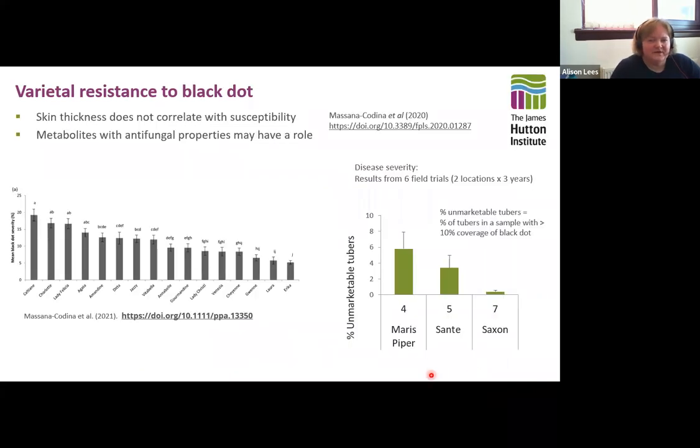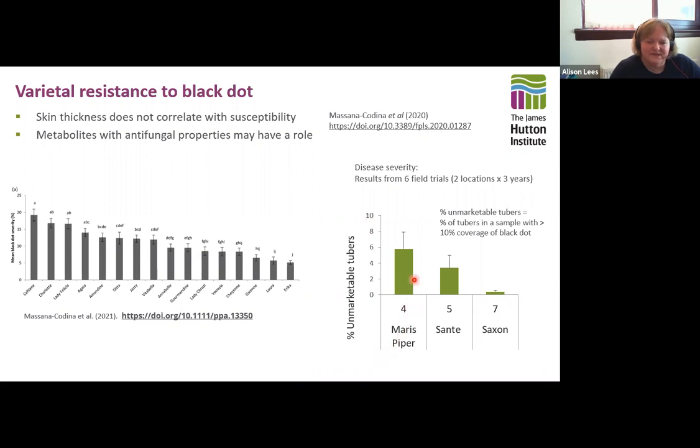Here we have work from Masana Cadena in Switzerland, showing a range of resistance ratings for their varieties to black dot. And similarly, these results from 6 of our trials conducted at 2 locations over 3 years show that the percentage of unmarketable tubers, defined here as the percentage of tubers with 10% coverage or more of black dot, is significantly reduced when more resistant varieties are grown.